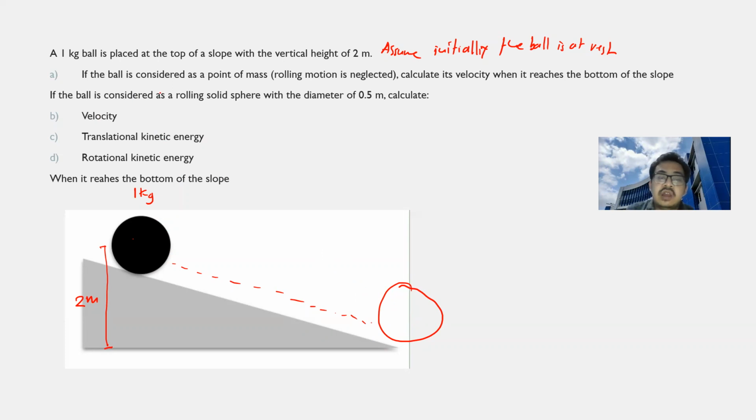If the ball is considered as a point mass, where the rolling motion is neglected and we only care about the translational motion, this is problem A. What is the velocity when it reaches the bottom of the slope? And for B, C, D, you need to consider this ball as a rolling solid sphere with a diameter of 0.5 meter.